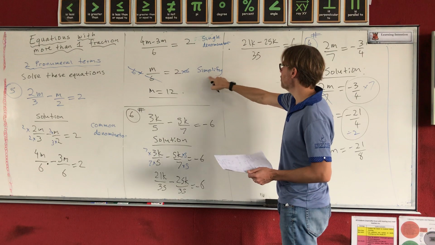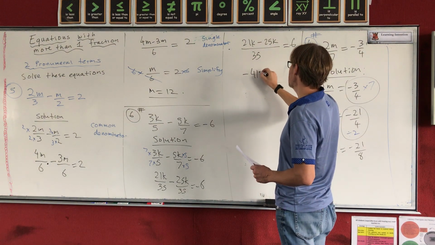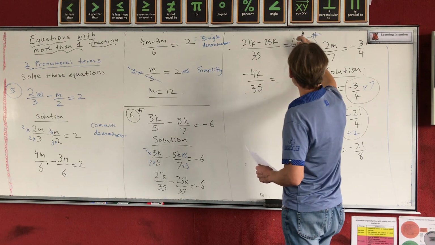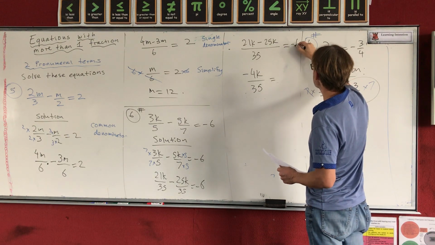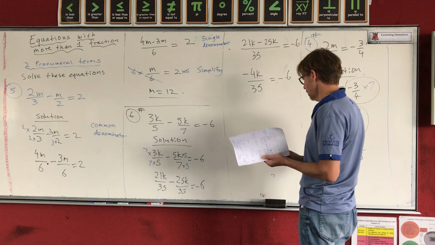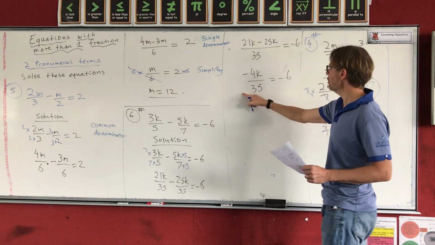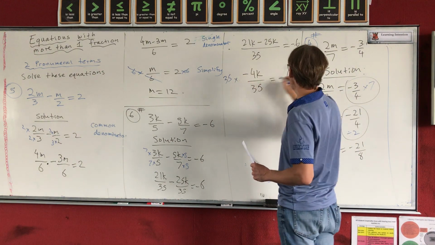Next step was to simplify. So 21k minus 25k is minus 4k divided by 35 equals, oops, that should be negative 6, shouldn't it? Negative 6 there. Negative 6.